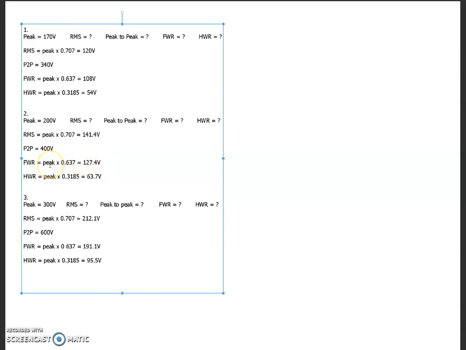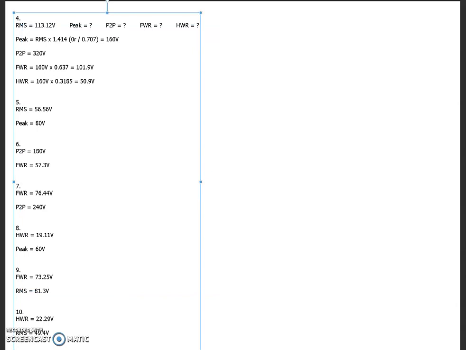And once we hit the peak, everything just falls into place. It's really just as simple as that. Just have to understand those relationships, and you should be good to go. That is it for rectification.